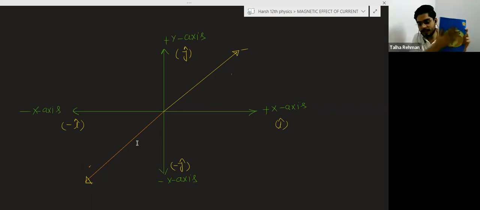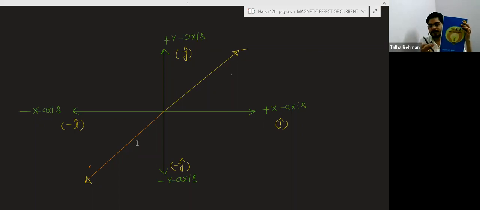Just as an example, suppose this is the screen of your laptop. This is your xy plane, meaning this plane has two axes, x-axis and y-axis.